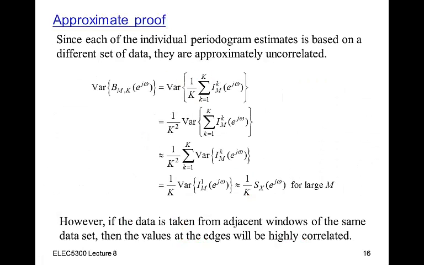Here's an approximate proof of why the variance goes to 0. Since each individual periodogram is based on a different set of data, we'll make the assumption that they're approximately uncorrelated. So the variance of the average periodogram estimates is just the variance of the sum.